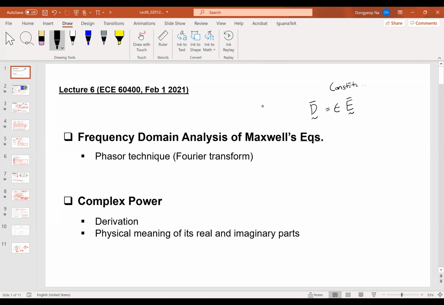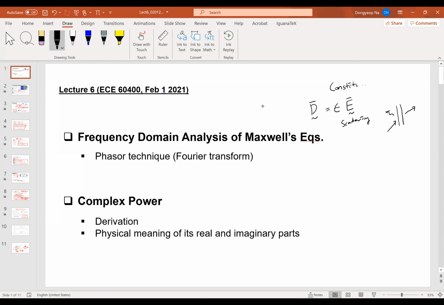We're also going to see some scattering effects from single layered dielectric media, meaning that if there is an incident field, how it is scattered and transmitted. For all kinds of analysis, we're going to adopt this frequency domain analysis, okay?